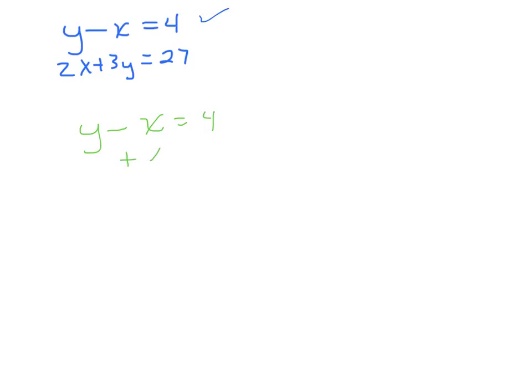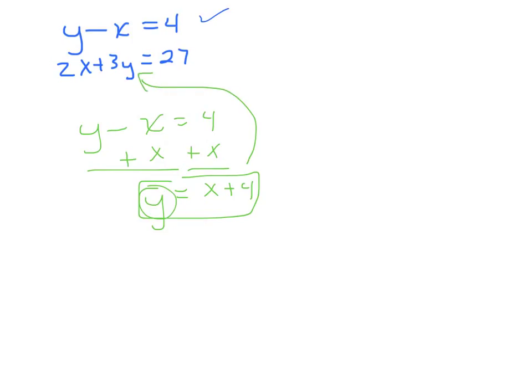I simply have to add x to both sides, and I end up getting y is equal to x plus 4. Now, because I've already solved for this variable, I can plug that in to this y. So I end up getting 2x plus 3, and instead of y, I'm going to write x plus 4 equals 27.